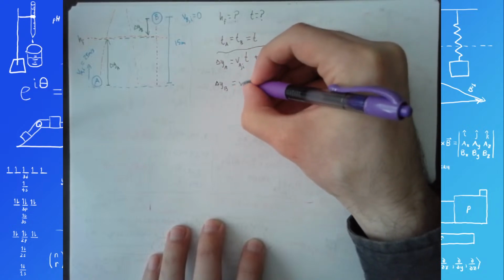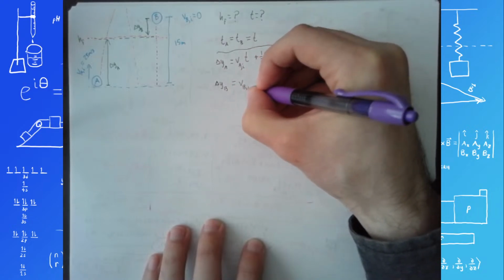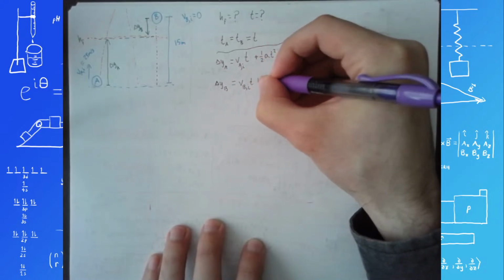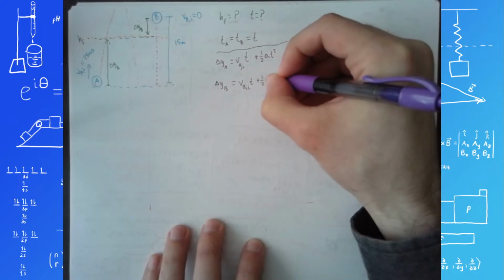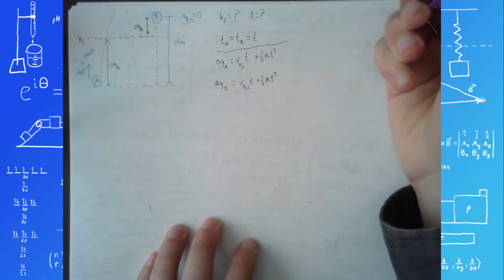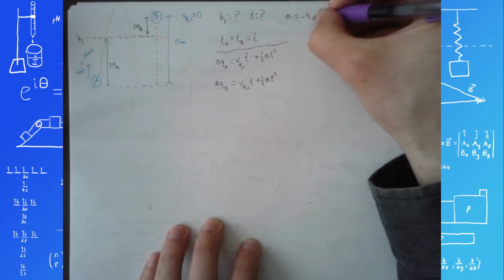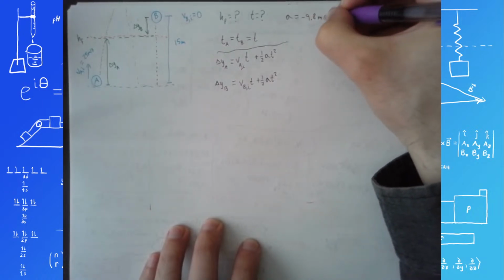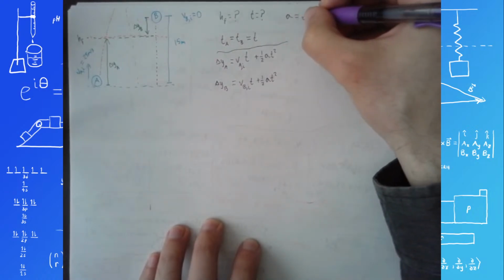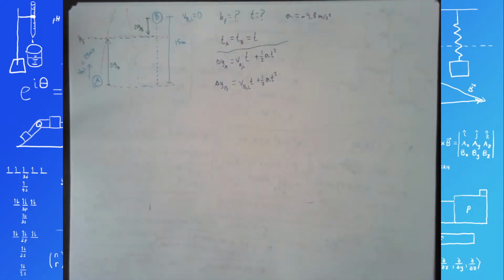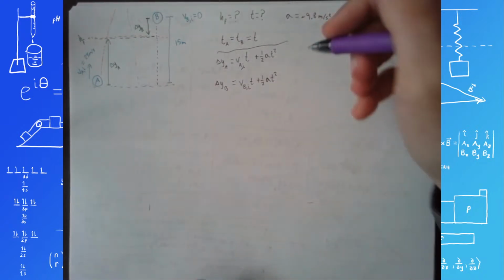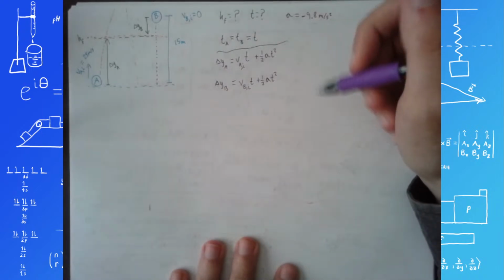Delta YB is going to be VB initial times t plus 1/2 the acceleration times t squared. The acceleration, of course, is negative 9.8. We're assuming this is occurring on planet Earth near its surface, so 9.8 is a pretty reasonable assumption for the magnitude of our acceleration.